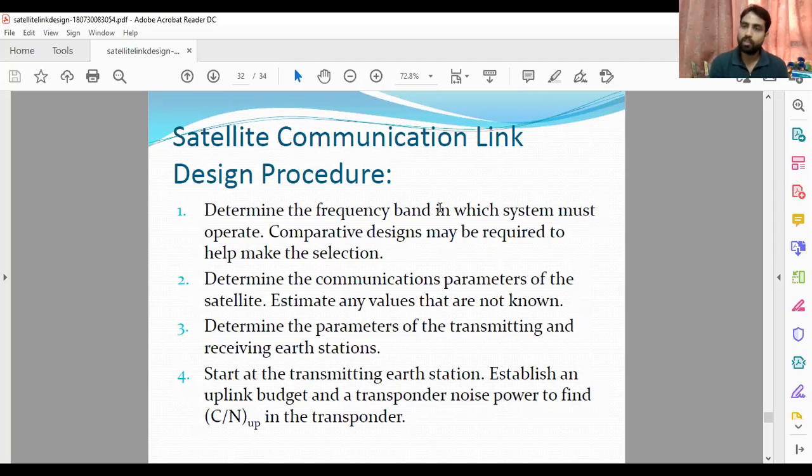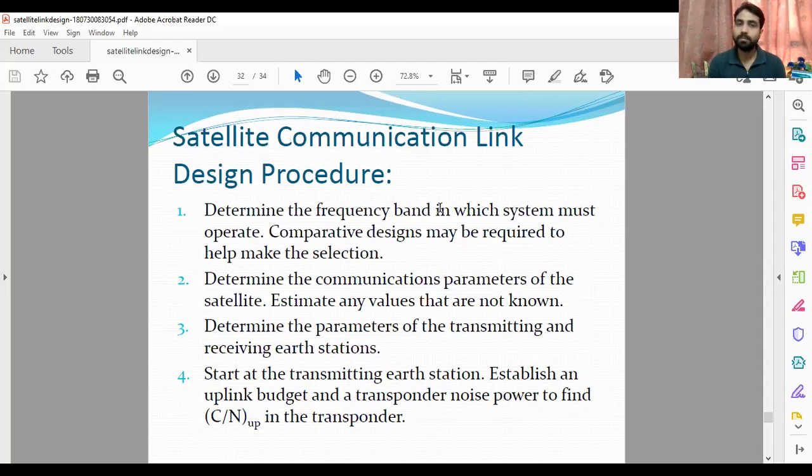So first, we are choosing the frequency band. Then what kind of communication are we going to have? We have to find out all the communication parameters. Then, step number 3, we work with the parameters of the transmitting and receiving earth stations. We transmit from the earth using a satellite, and at the position where it works we again have a receiver.